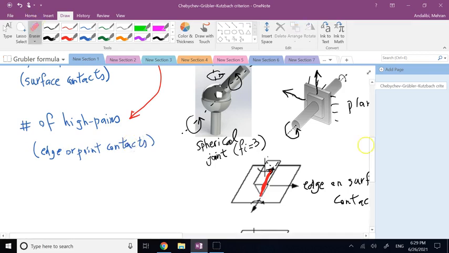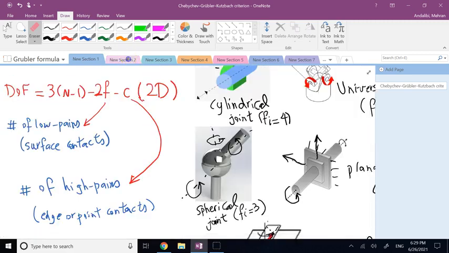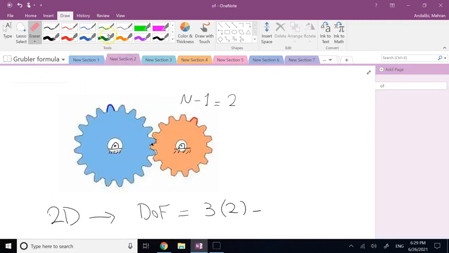Okay, and that's like what? That's like this case here. This contact that you see here, in the 2D case, is going to be an edge or a point, really. In 3D, it's an edge. In 2D, it is like a contact point. So here, you have 2 low pairs and you have 1 high pair.